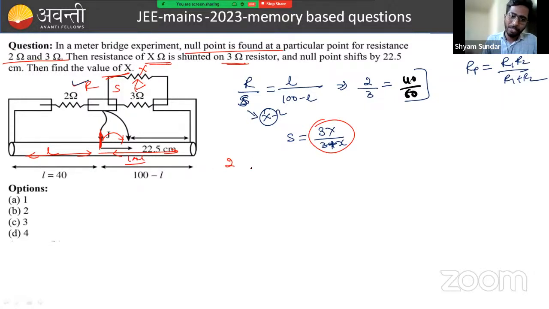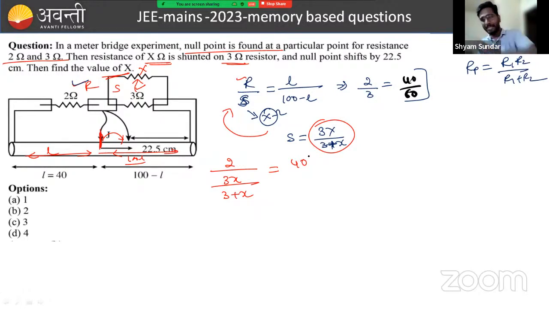The R value is 2 divided by 3x divided by 3 plus x, equal to, initially 40 centimeter, now shifted by plus 22.5 centimeter as given in the diagram, divided by 60 minus 22.5.